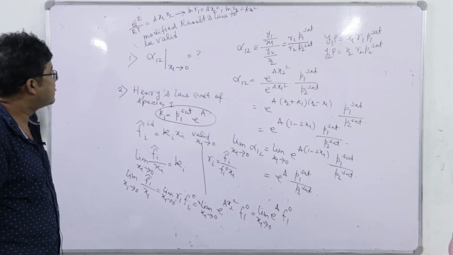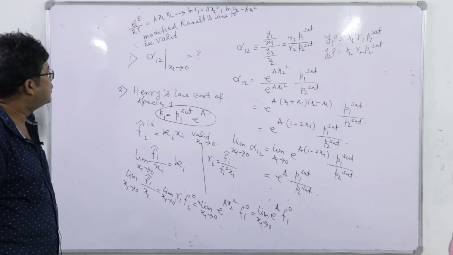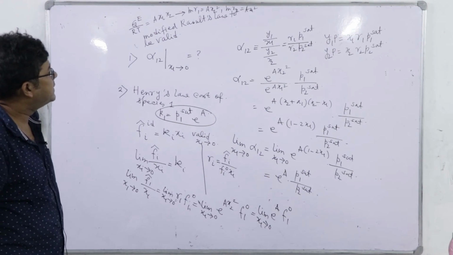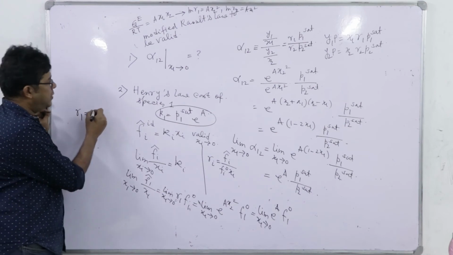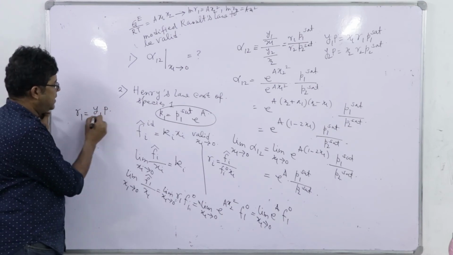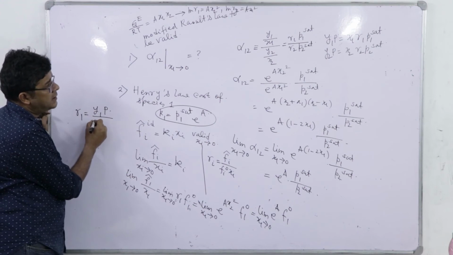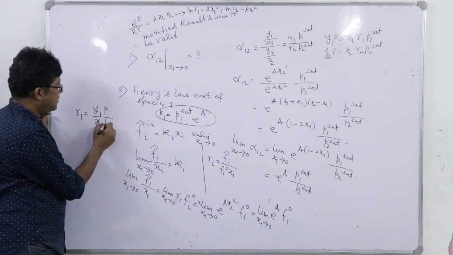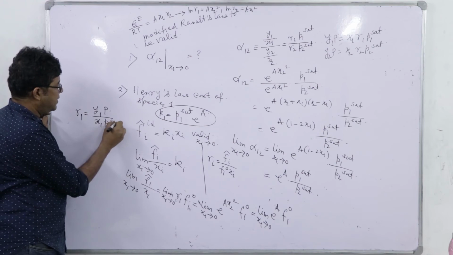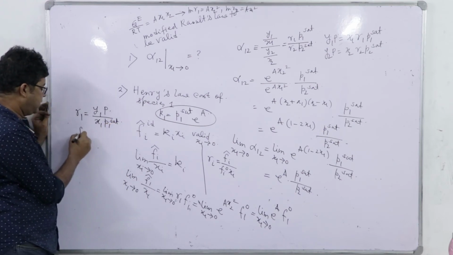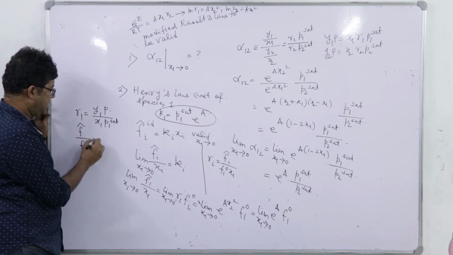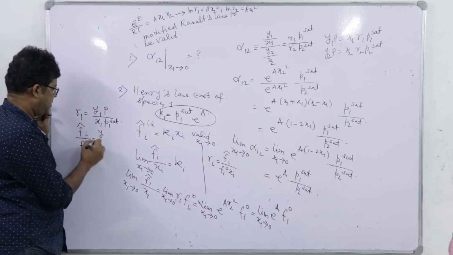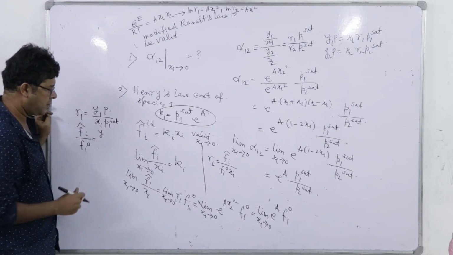Now you see, when this Margules model is valid, then we have gamma 1 is equal to y1 p divided by x1 p1 sat, right? So this is f cap divided by fi 0, fi cap by fi 0.